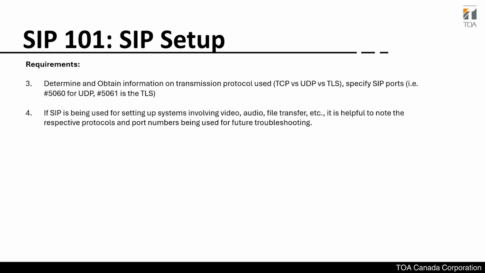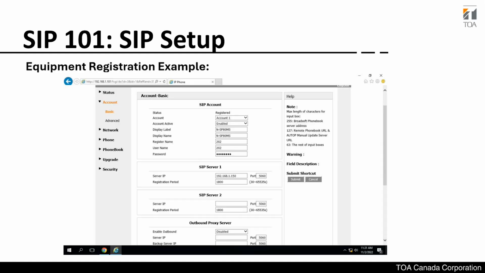So it's more network efficient and is usually used for video communication and streaming. If SIP is being used for setting up a system with video and audio file transfers, it's helpful to note the respective protocols and port numbers being used, for future troubleshooting, as I mentioned. If it's video and audio file transfer, the proper protocol needs to be selected.